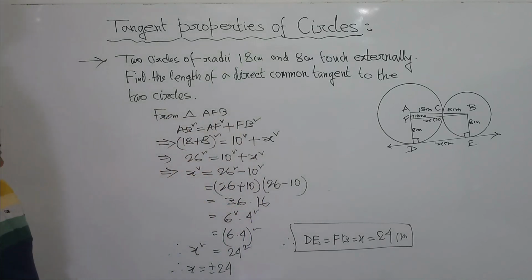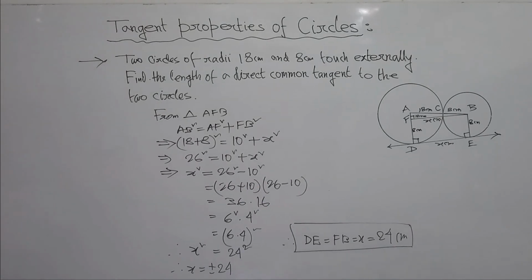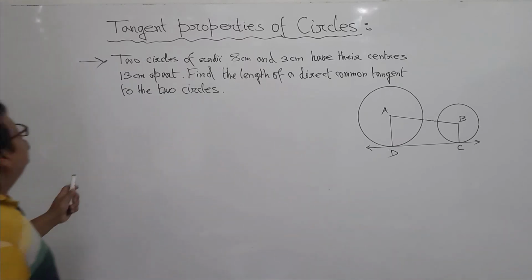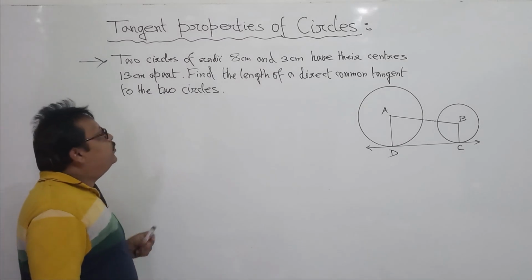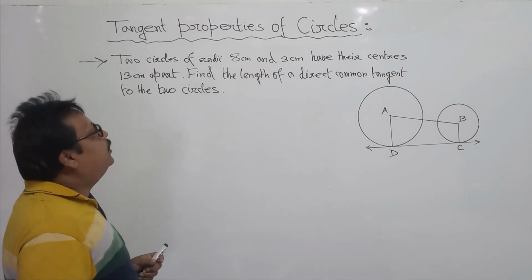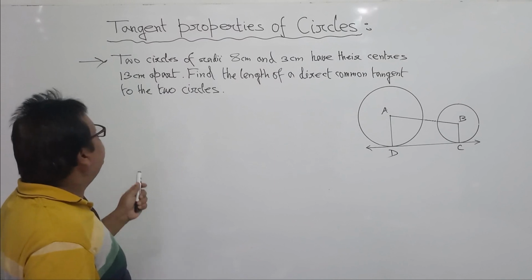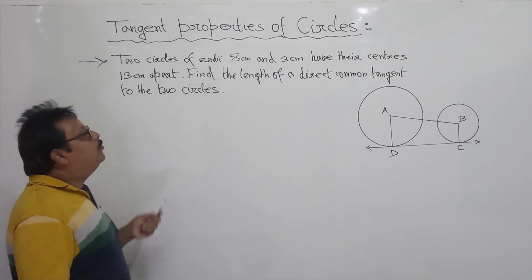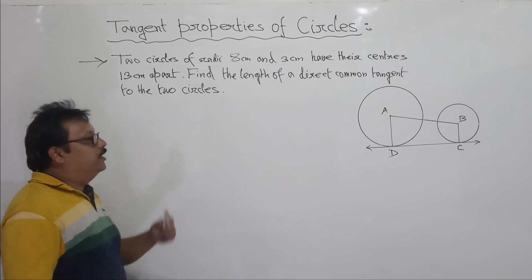Take another problem from this exercise. Two circles of radii 8 cm and 3 cm have their centers 13 cm apart. Find the length of a direct common tangent to the two circles.